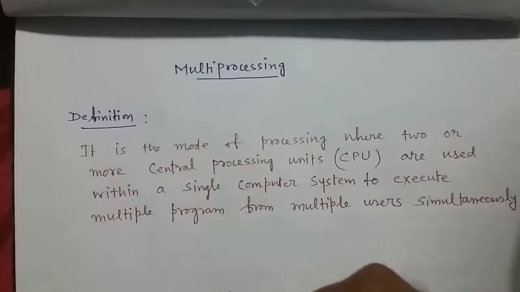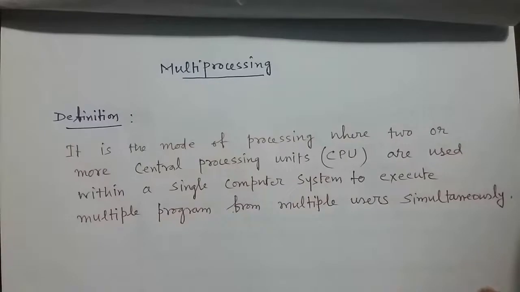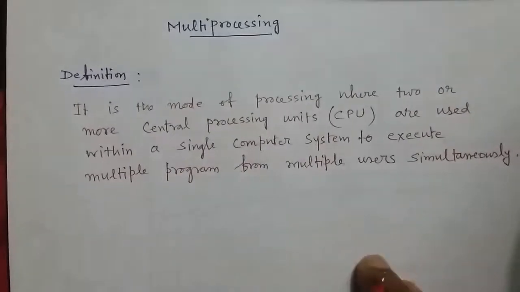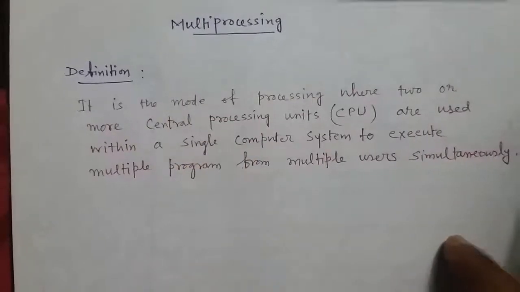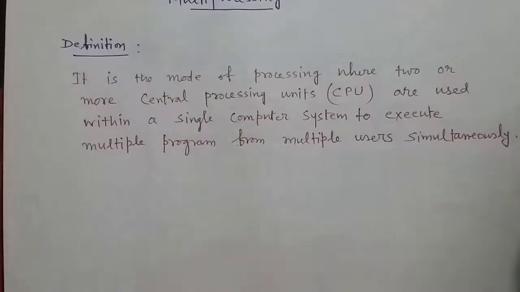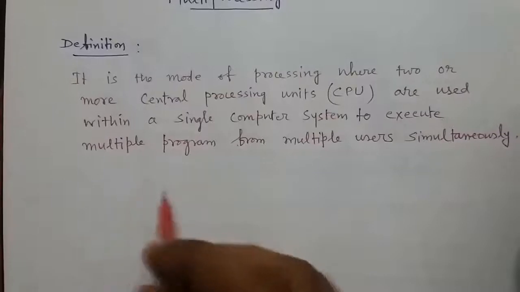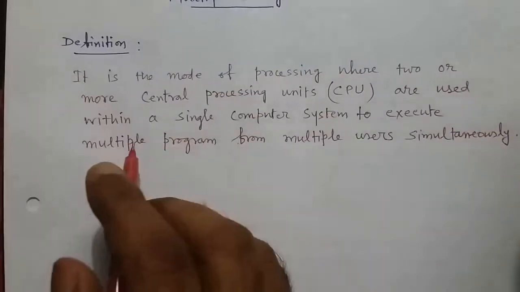Simultaneously means at a time. So about this definition you need to know more information about multiprocessing. So I am writing the information one by one.